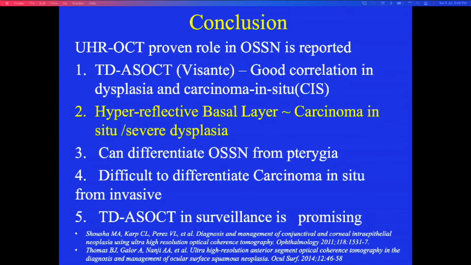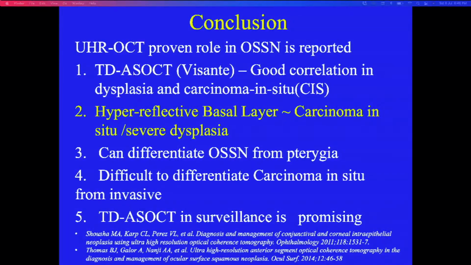So what did it actually tell us? Well, there seemed to be a good correlation between dysplasia and intraepithelial lesions. And we thought that, like I said, the hyperreflective basal layer had some sort of correlation, even in the small numbers that we showed, between CIN, which is carcinoma in situ, and severe dysplasia.